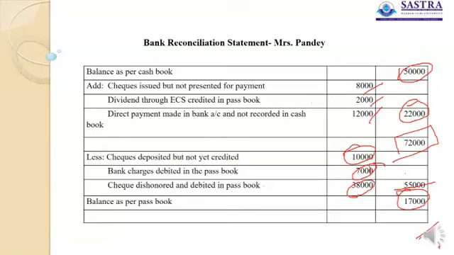The customer will come to know what has happened, so he will write such dishonor in the bank column of the cash book as a payment. Then only the balances of the cash book and the passbook will be equalized. This is what usually happens in the bank reconciliation statement because of the differences between the cash book bank column as well as the passbook.